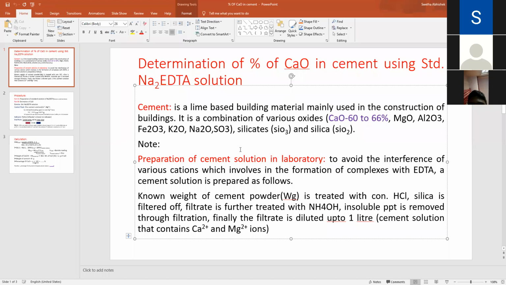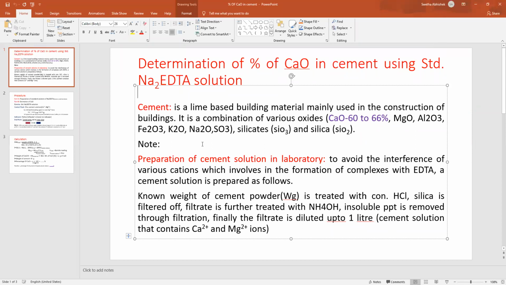Okay, but we cannot estimate calcium oxide directly in cement. We need to prepare a cement solution, and in the preparation of the cement solution, it is also necessary to remove some of the constituents which may interfere in the reaction.